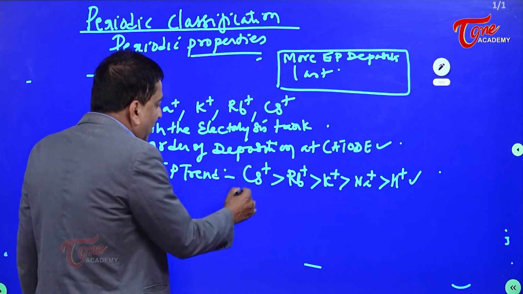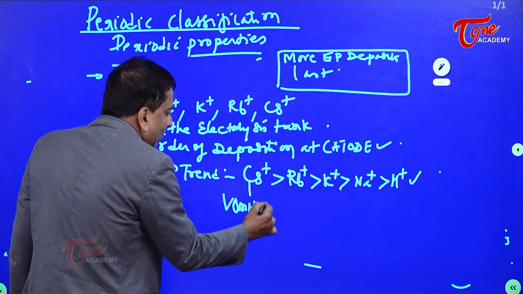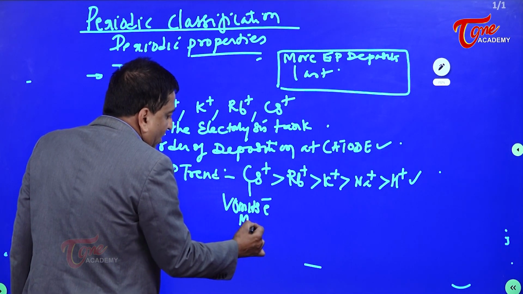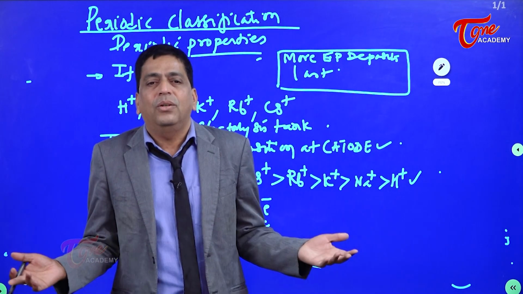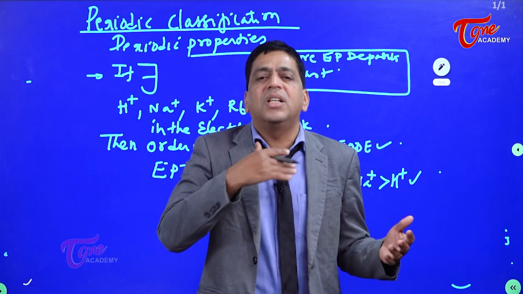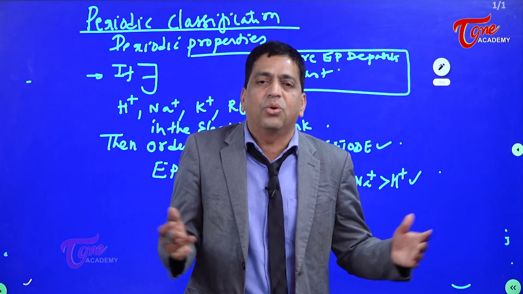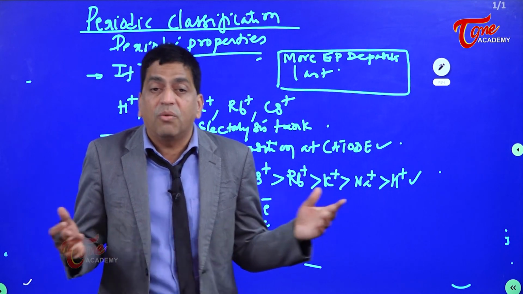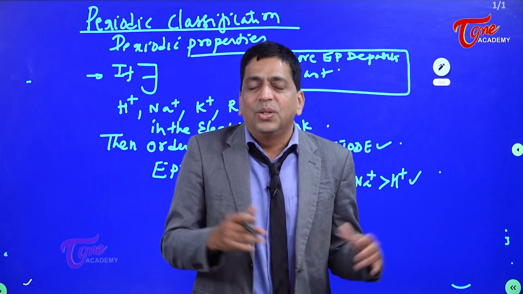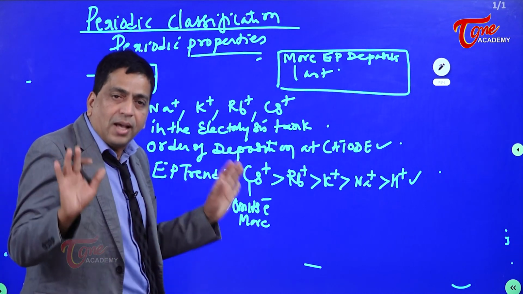Cs+. That means it vomits electrons more. And I was telling you, when you're vomiting, will you eat? You're vomiting because you have eaten till here. And if someone is offering you pizza at that time, I think you don't eat. Because you already have the sense of vomiting. So the more electropositive element, cesium, which vomits more, deposits last.